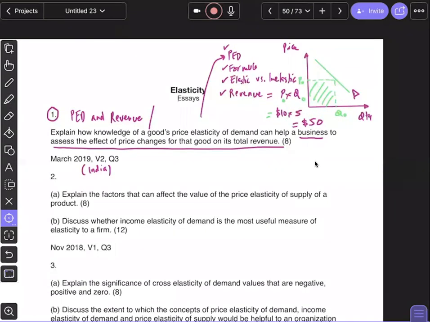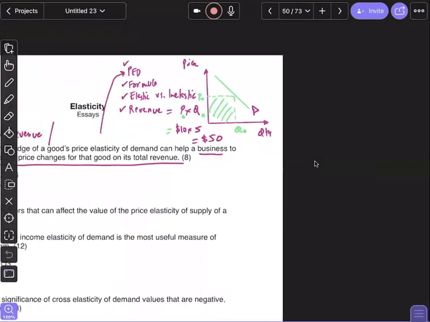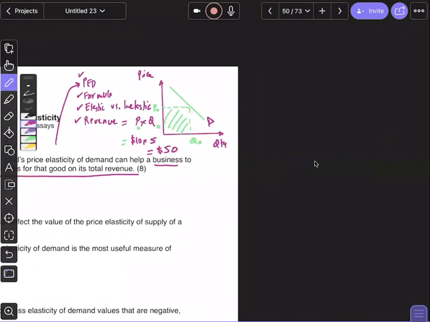But the next 4 marks will be discussing the effect of price changes for that good on its total revenue. So, knowledge of PED, we will say this. Am I good to move on? Is there any question, guys?